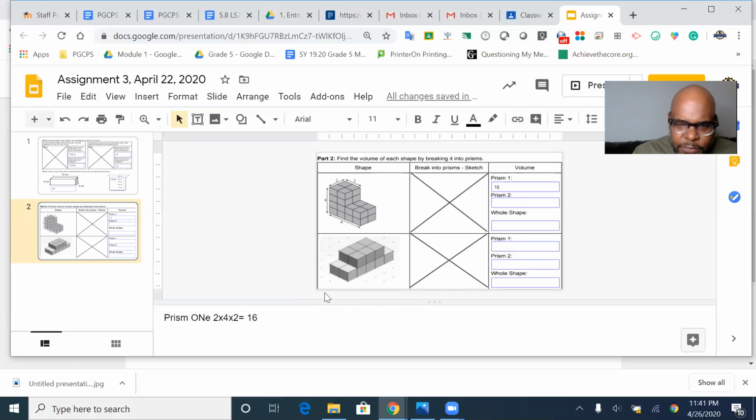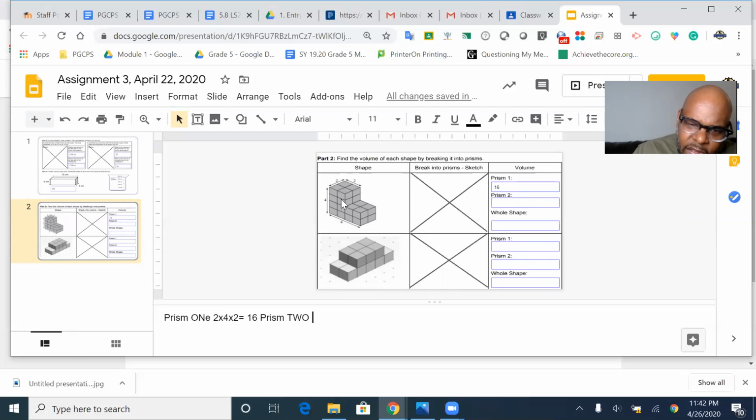All right, that means prism 2 is at the top. Prism 2 is going to have a height of 2, because again, you're going 1, 2, not the whole 4, because you're just doing this top part.